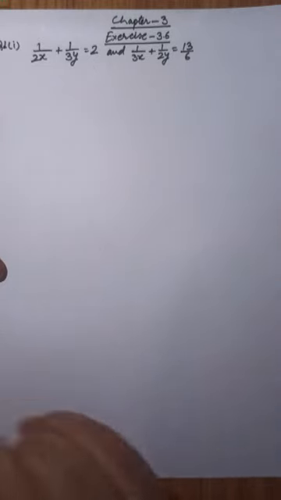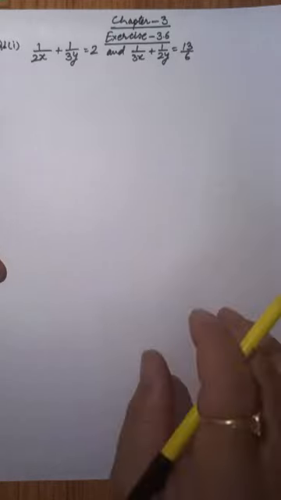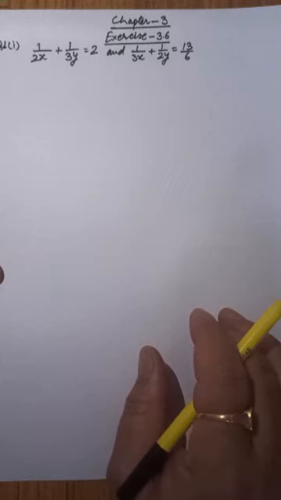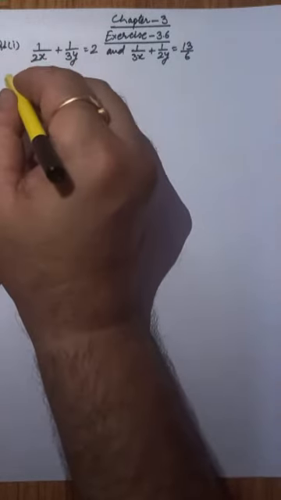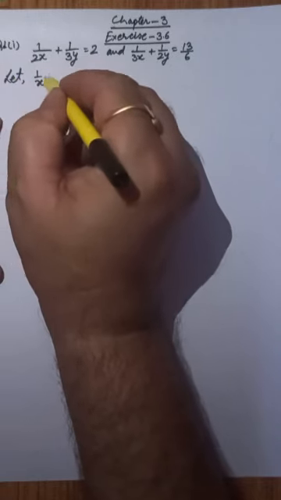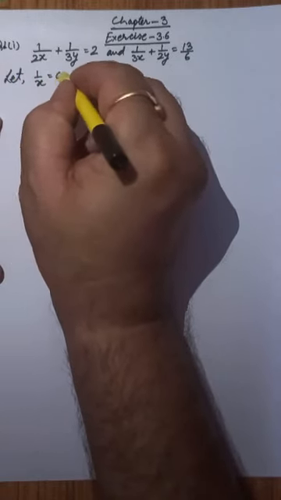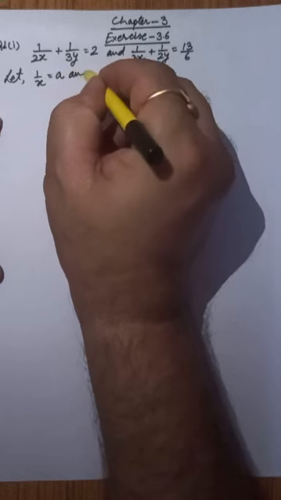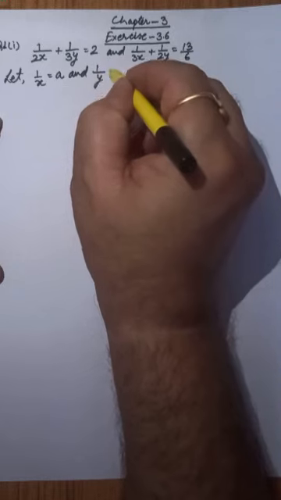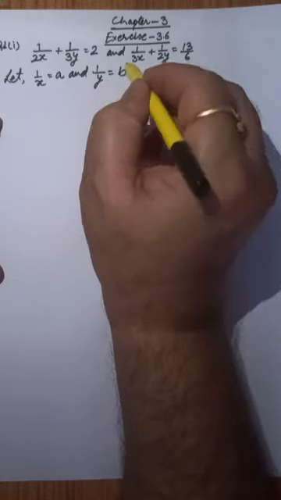Here we see that the variable is in the denominator, so we need to suppose it. So let 1 upon x is equal to a and 1 upon y is equal to b.